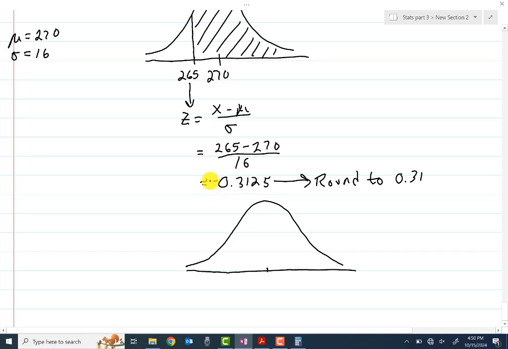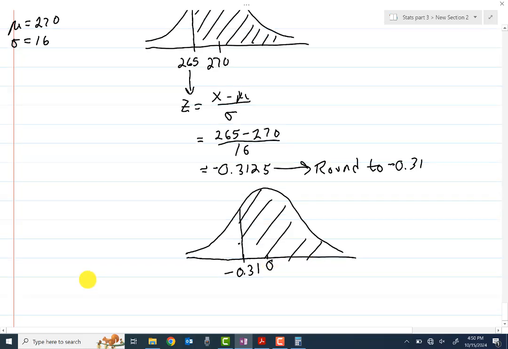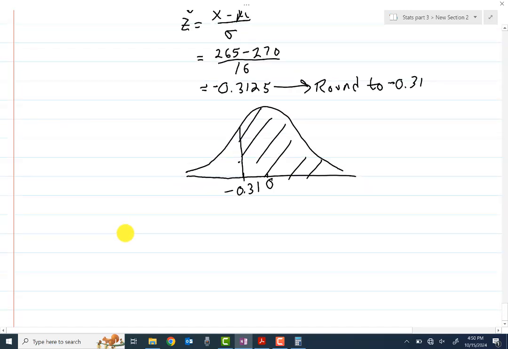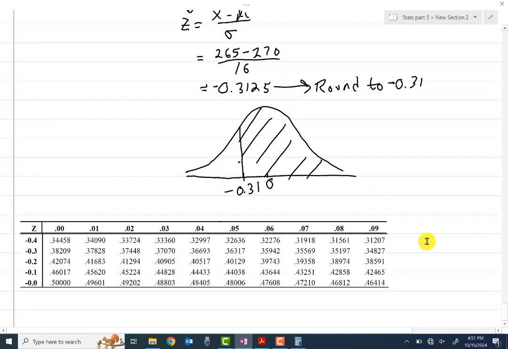I have made a mistake. It's negative. This is also negative. So we are talking about the area out here. So I can use the table to give me this white area here. So going into negative 0.31, there's our guy.